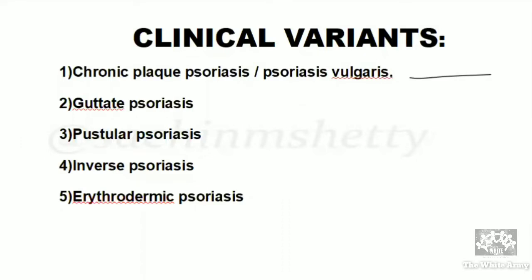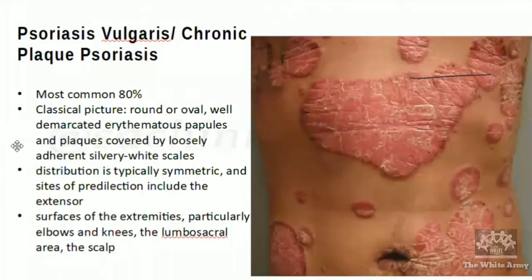Right. Now let's come to the first type, that is psoriasis vulgaris or chronic plaque psoriasis. As I told, most common type, 80%. As you can see in the picture, clinically you can see a round or oval, well demarcated, that is, a clear-cut margin is present between the lesion and the skin. Erythematous, obviously red. Papules and plaques, usually plaques. Papules and plaques, as you know, primary lesions, less than 1 centimeter and more than 1 centimeter.